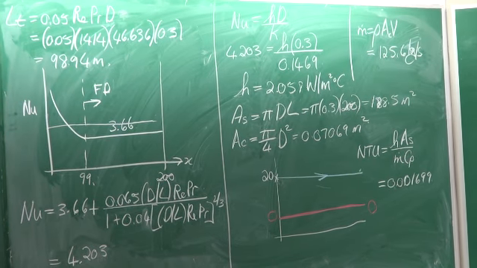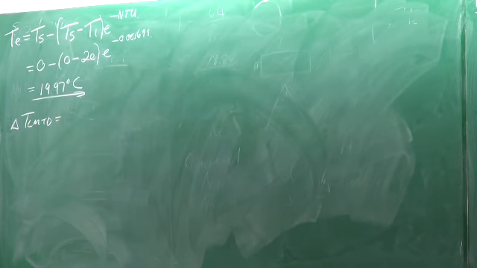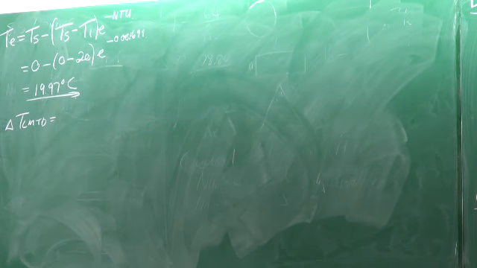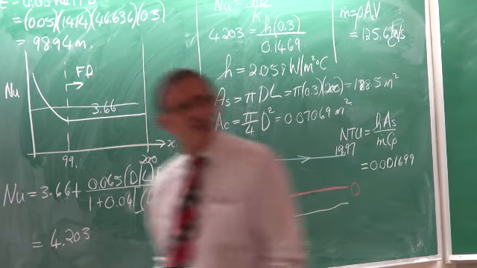And if we now calculate the LMTD, I just want to go back to this side again, and then I'm going to write it down on the other side. The LMTD is this temperature difference, that one is 19.97, this temperature difference minus this temperature difference, divided by the ln of the two terms. So it's very, very simple.